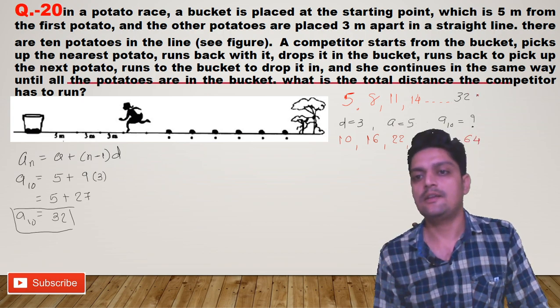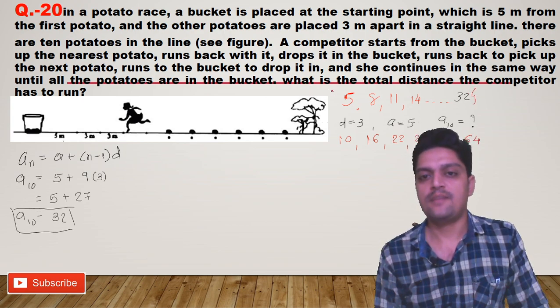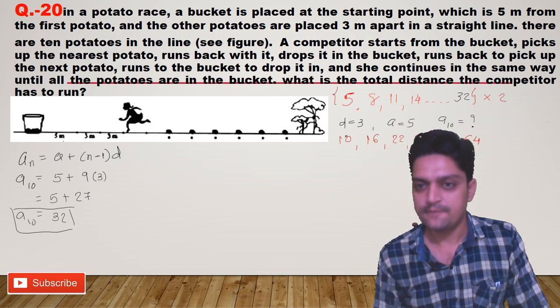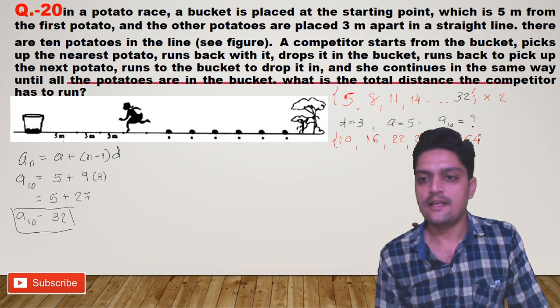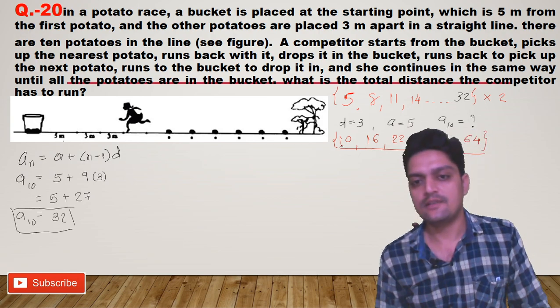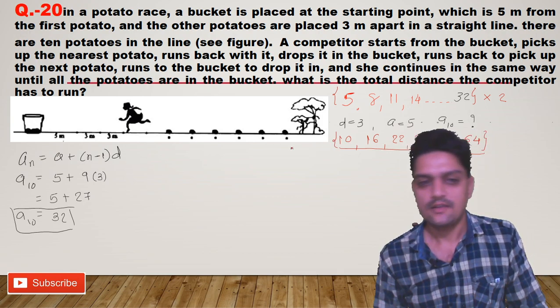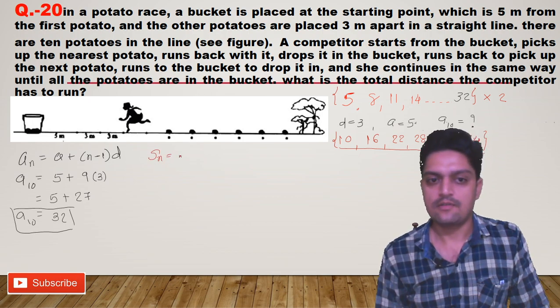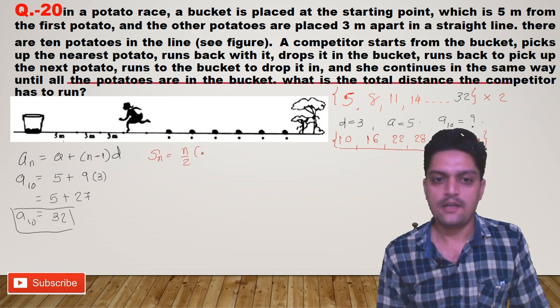So one thing you can do: find this AP's sum and multiply by 2. Otherwise, directly with the below one which I have written, you can sum this AP directly. So I will use the below one. Now I will use the Sn formula. Sn is equal to n by 2 into a plus l.